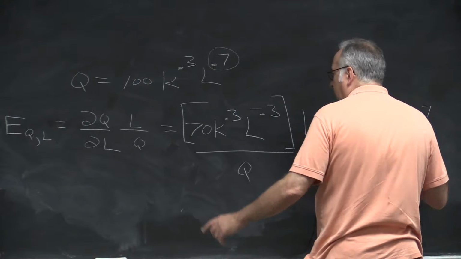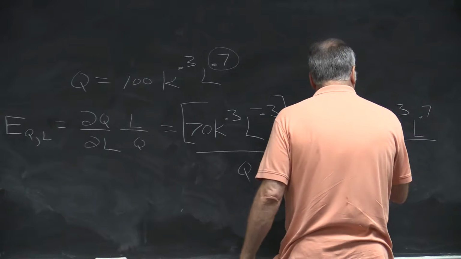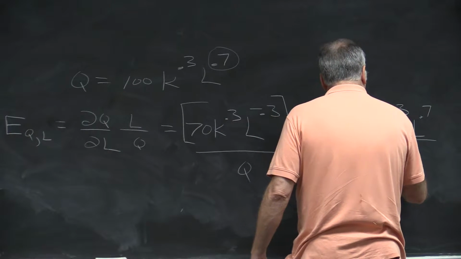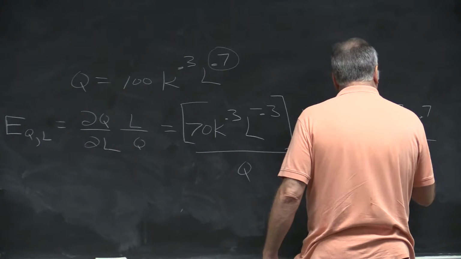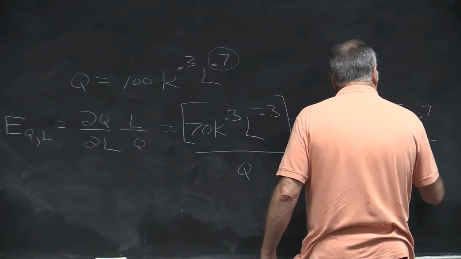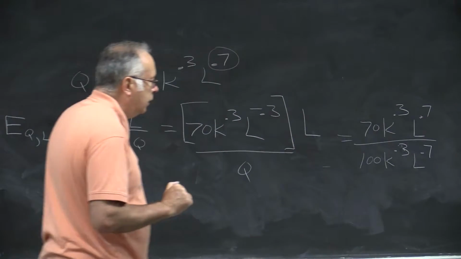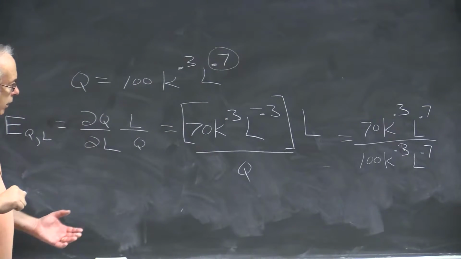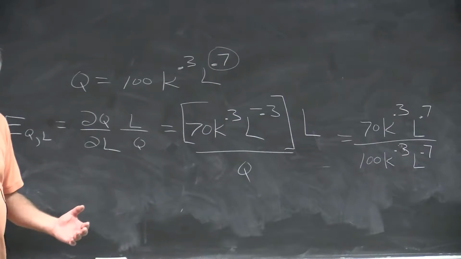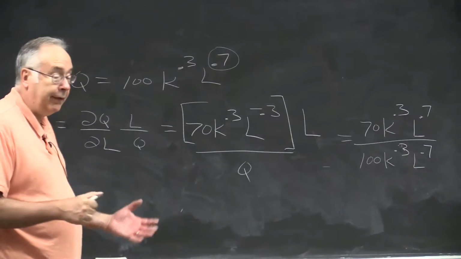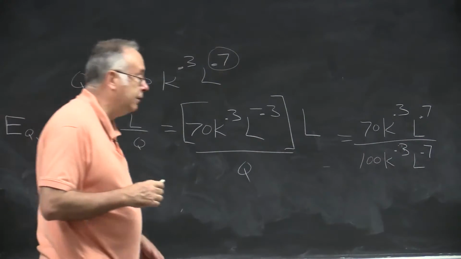But what is Q? Q by definition is 100 times K to the 0.3 L to the 0.7. So you see the K to the 0.3, L to the 0.7 cancels, and you're left with 70 over 100, or 0.7.